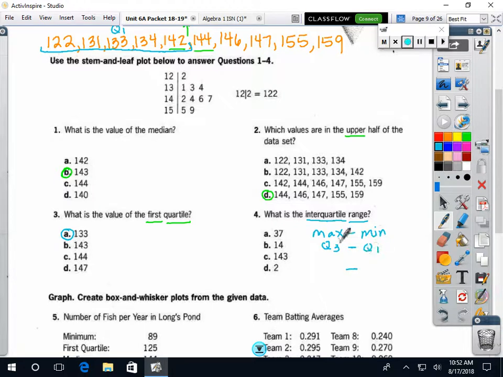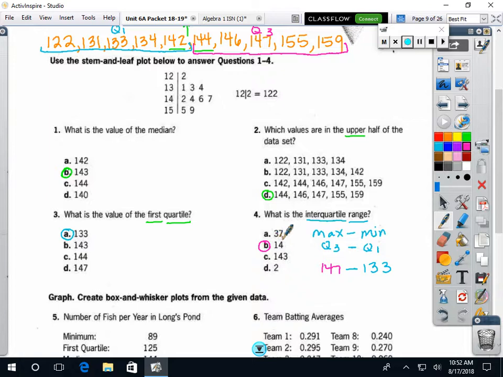Well, we just found quartile 1 a while ago. It was 133. And then how can we find quartile 3? Isn't it the middle of the upper half, which is 147. And so now we just subtract those, and what is 147 minus 133? 14.